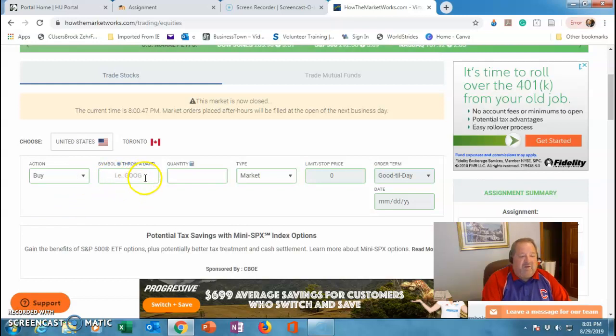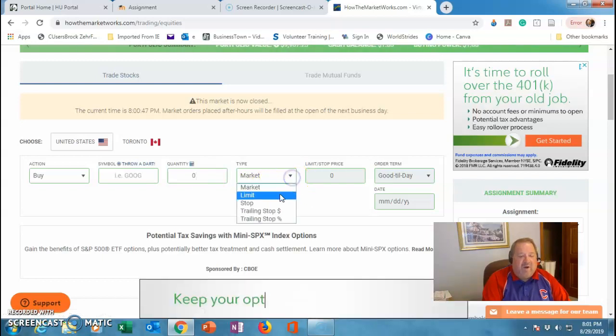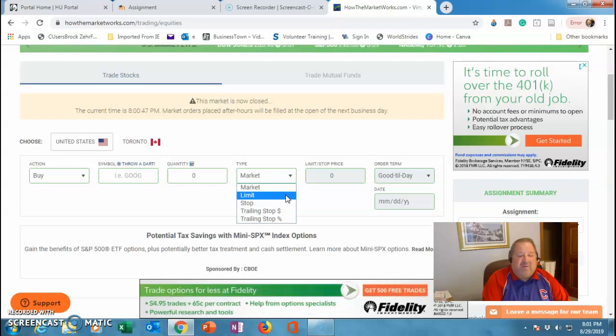Over here are your actions, so if I want to buy, obviously click on buy. If I want to sell, click on sell. We'll talk about shorts, but we won't be doing shorts in the game, or cover. I would need to know the stock symbol and how many shares I want to purchase, and I can scroll up and down to get my number of shares. Market means that I'll purchase it at the current market price, whereas with limit, I can put in a price, and I'll only buy it if it goes at or below that particular limit. And we'll talk about stops and trailing stops later on in the course.